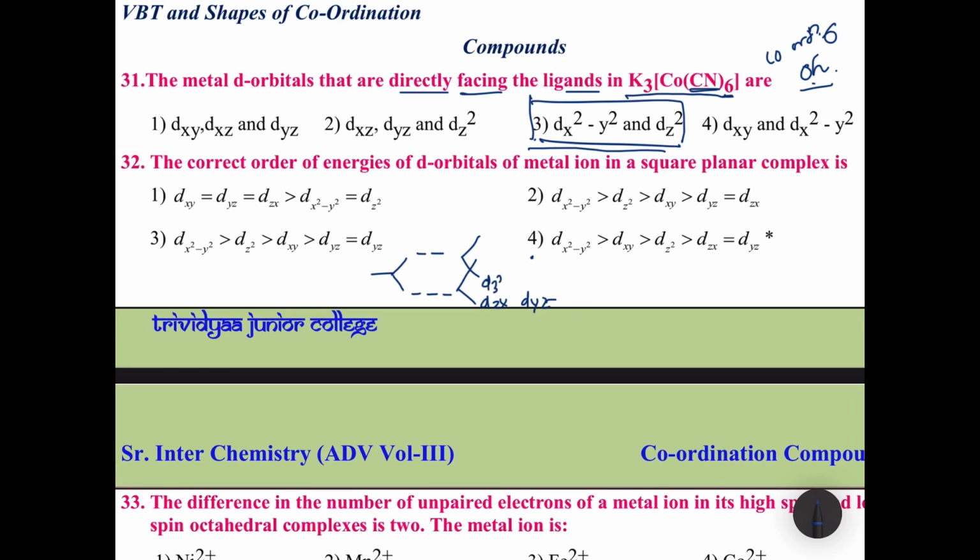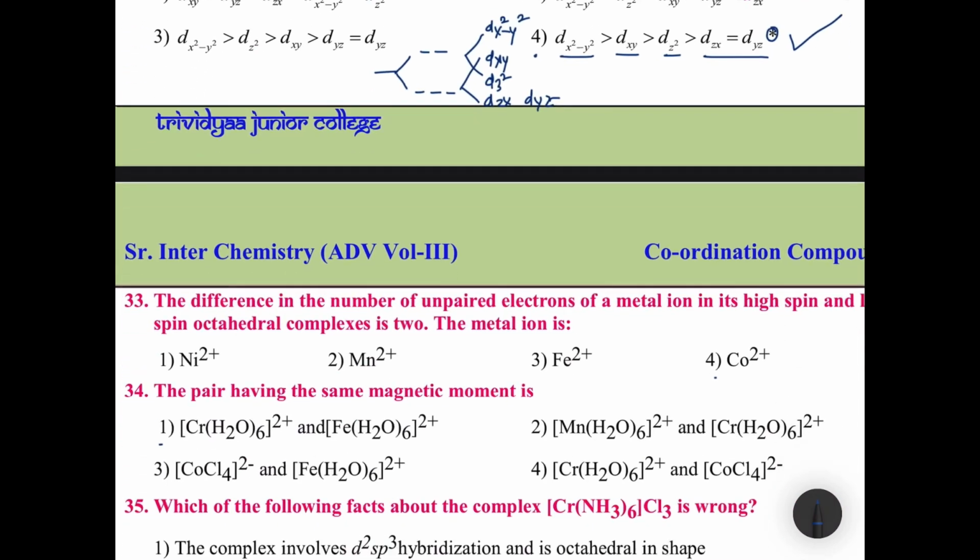This is dz square. This is dxy. And this is dx square minus y square. Highest is dx square minus y square, then dxy, then dz square, then xz and yz. Square planar. Here star is mentioned. You can consider that as your answer, right?